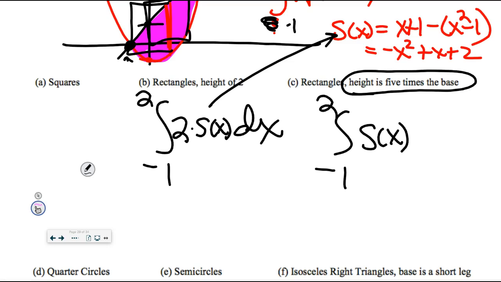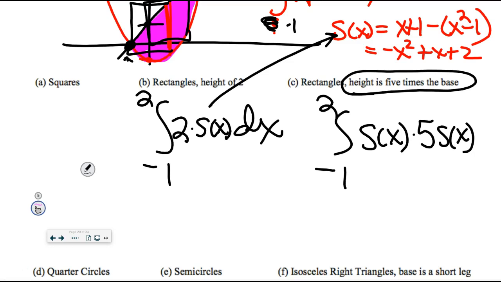Charlie, what's another of the dimensions? Almost. It's not constantly though 5. It's 5 times the base. So tweak it a little bit. Here's your base. We need 5 times the base. Right? A little difference. It wasn't constantly 5.